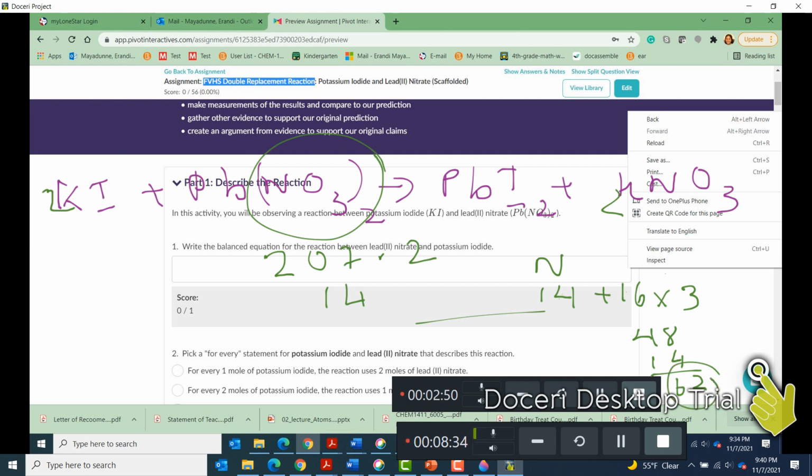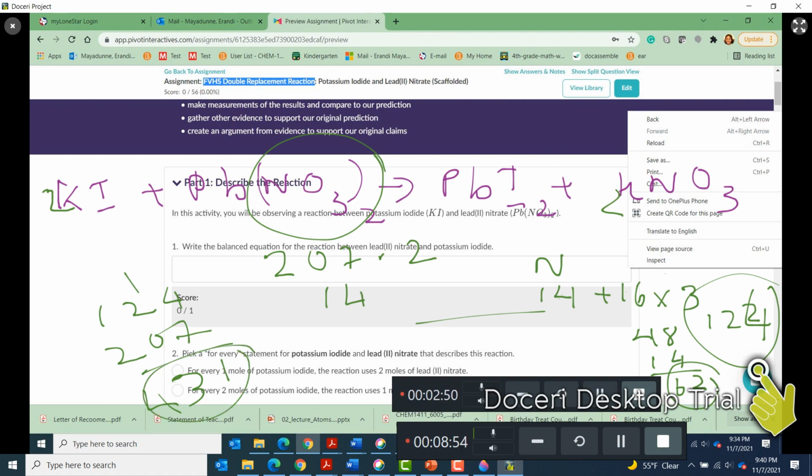And then 62 into 2, it's going to be 124. So 124, I add with 207, I get 431. Let me see whether I have that answer.